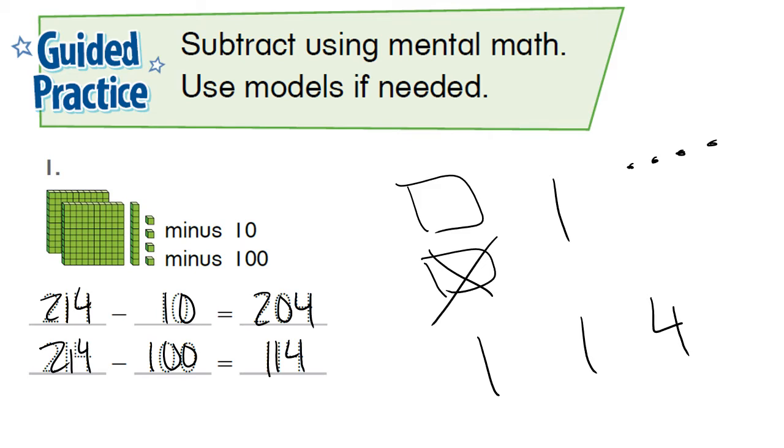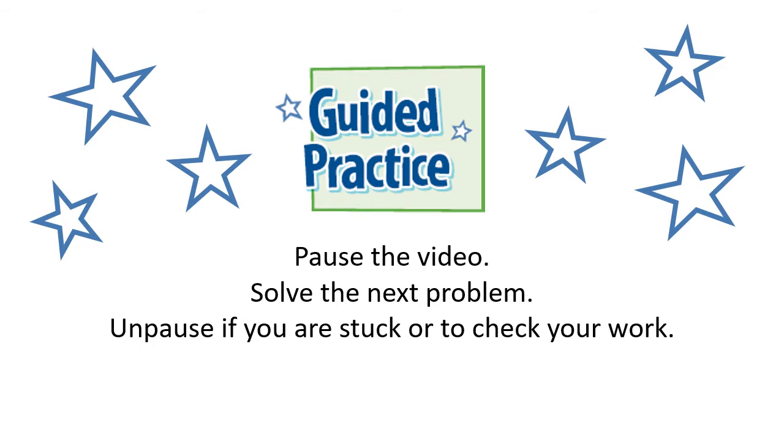So what we're doing when we're subtracting 10, we're taking the tens place value and subtracting 1 from that. When we're subtracting 100, we're taking the hundreds place value and subtracting 1 from that. Pause the video, solve the next problem, unpause if you are stuck, or to check your work.